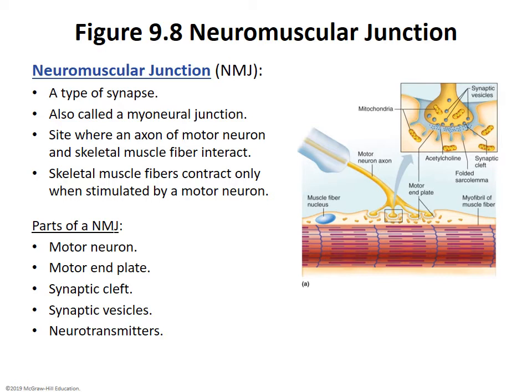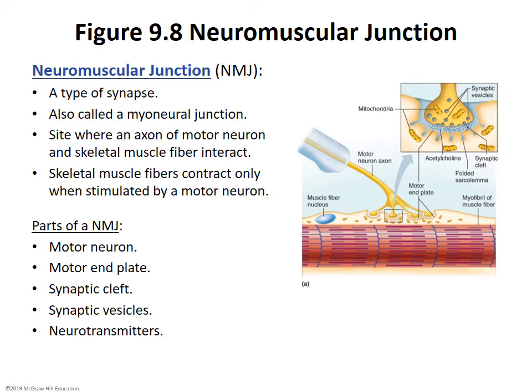Now, the area of the sarcolemma that's directly underneath this synaptic bulb is called a motor end plate. The motor end plate is where this chemical we're going to talk about in a minute is going to bind, and it's going to cause an electrical current to be created.